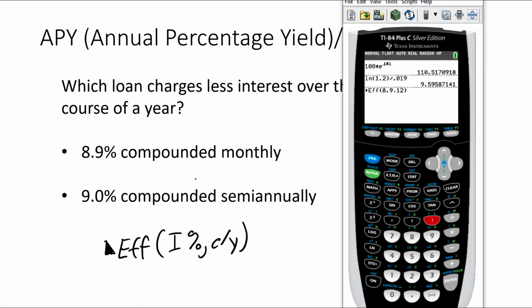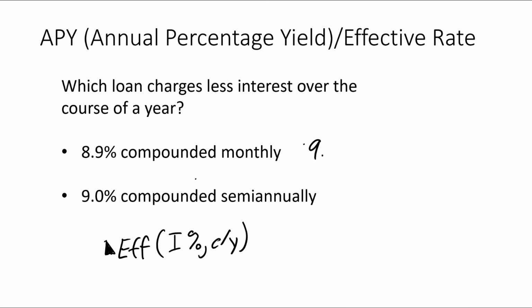So to find the effective rate of 8.9% compounded monthly, we do EFF 8.9 comma 12, and we get 9.272. That would be the percent change in the loan amount from the beginning of the year to the end of the year.